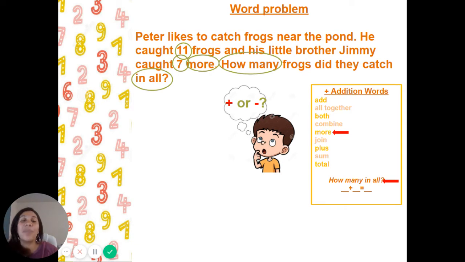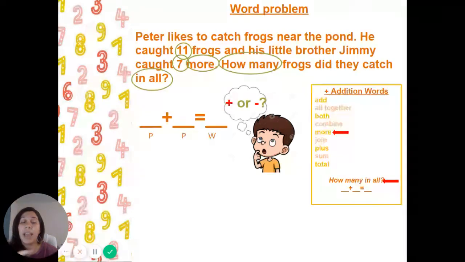Okay. Now let's take a look at the number sentence that we are going to use. It's blank plus blank equals blank. Blank plus blank. What are these two? These are the two parts that combine together to get to the whole. What is the whole?